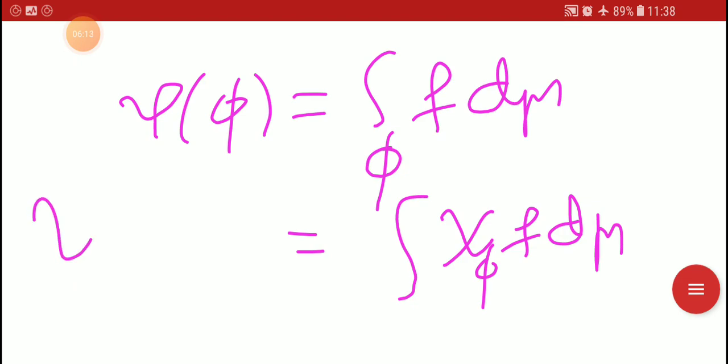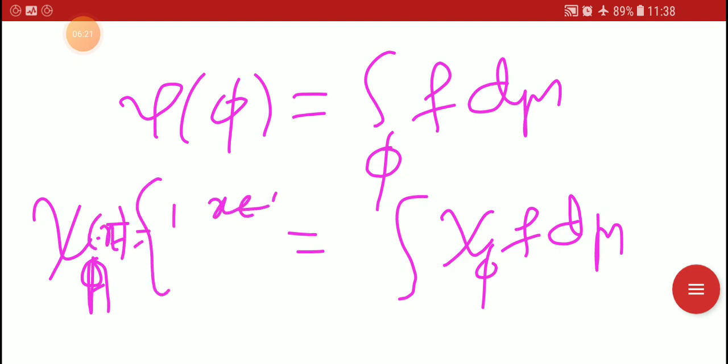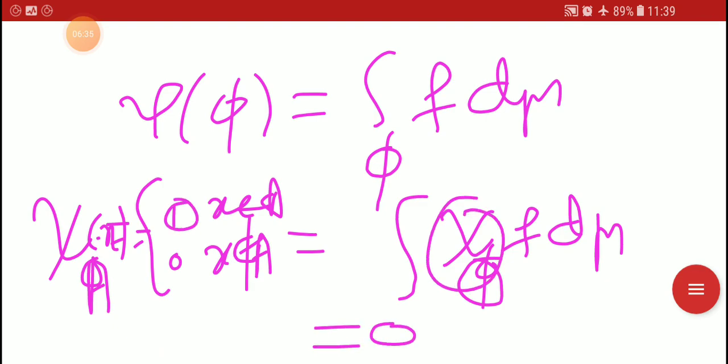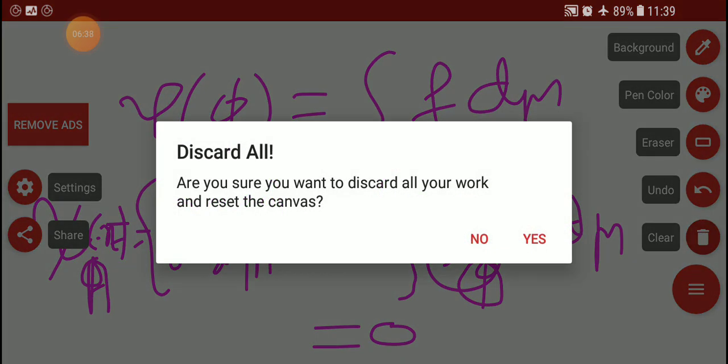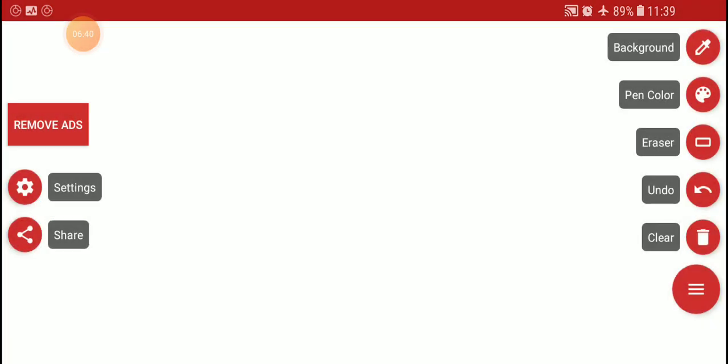The characteristic function is defined as 1 if x is an element of A, otherwise 0 if x is not an element of A. Here the set A is the null set, there is no element, therefore the characteristic function is 0, therefore this is equal to 0. Hence the second result.